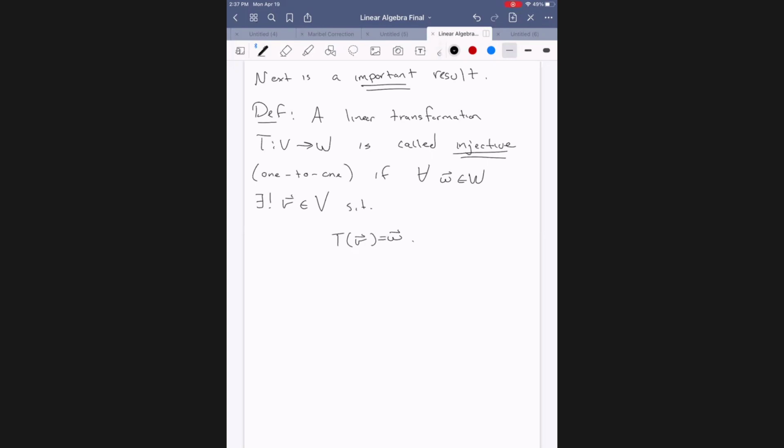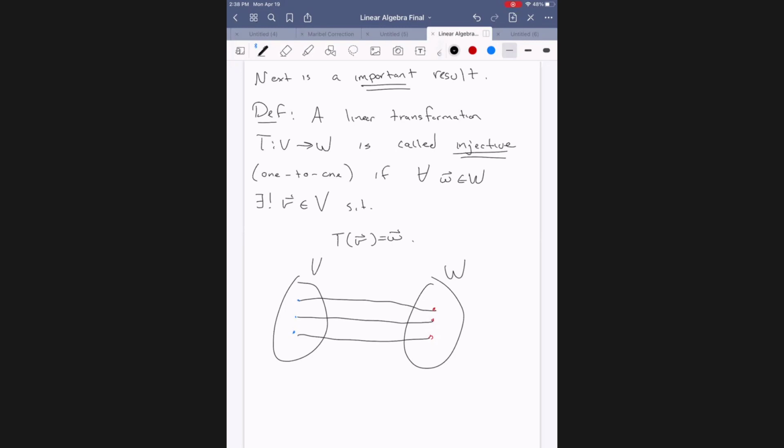That's what it means. There's exactly one. For every output, there's exactly one input. So the running example you've always seen is you have, say, three vectors, and T maps each to exactly one, like this, one to one. Injective. If one of them went to two of them, it wouldn't be.